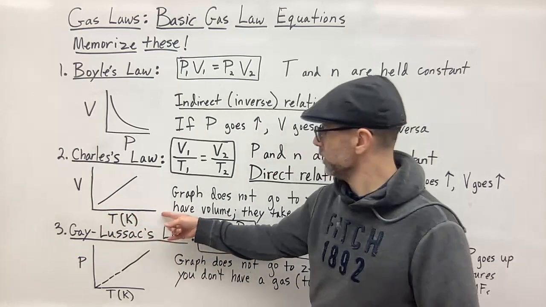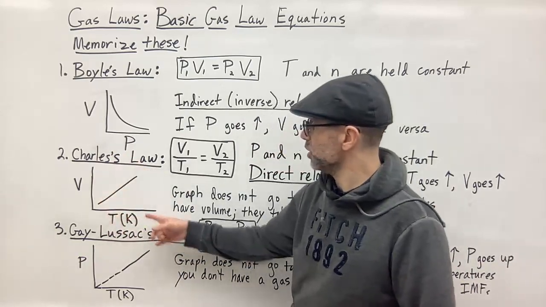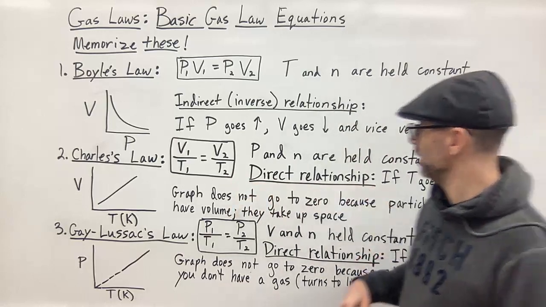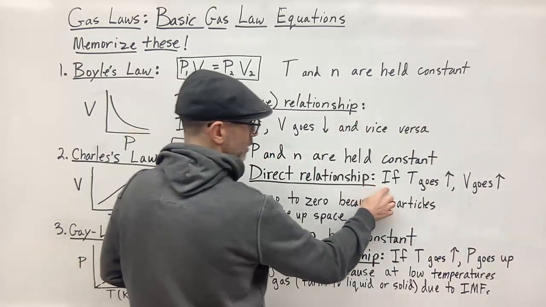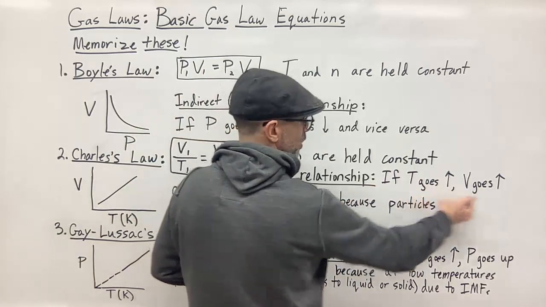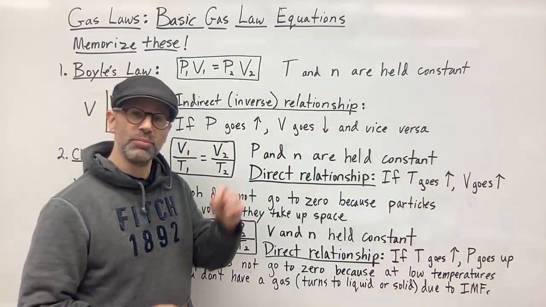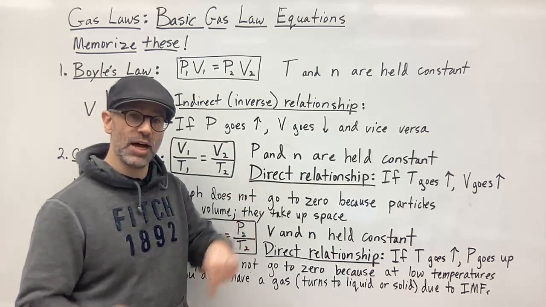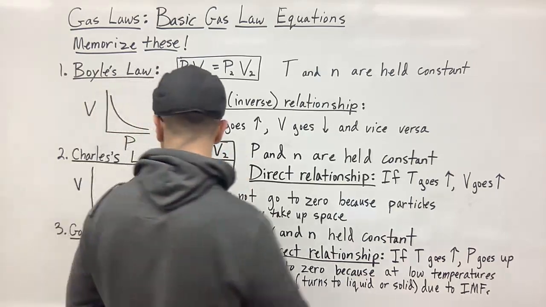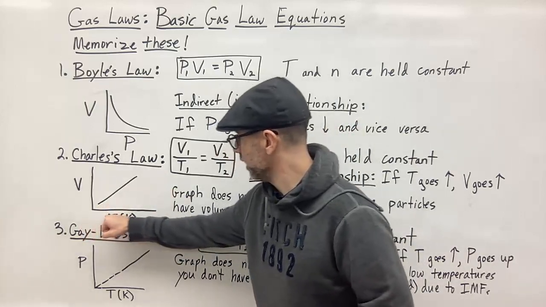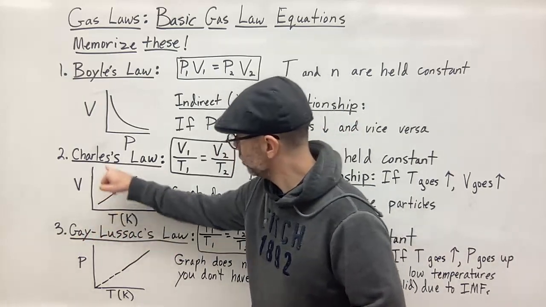When you're looking at the relationship between volume and temperature, it's a direct relationship. That means that if temperature goes up, then volume goes up. They go in the same direction. If one goes up, the other one goes up. If one goes down, the other one goes down. This straight line shows that as temperature increases, the volume is increasing as well.